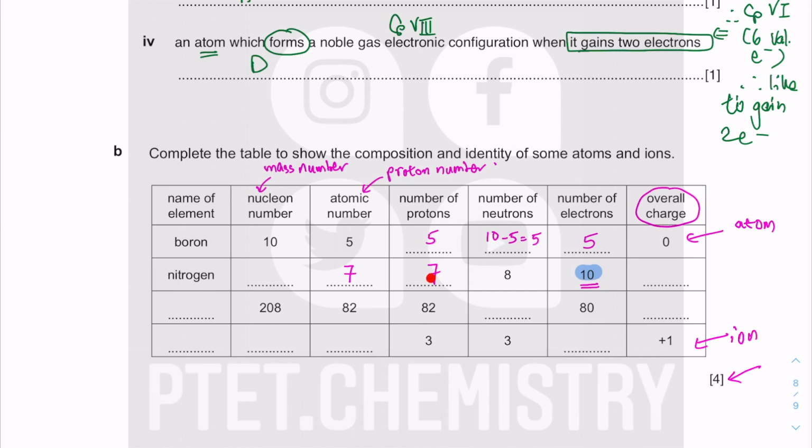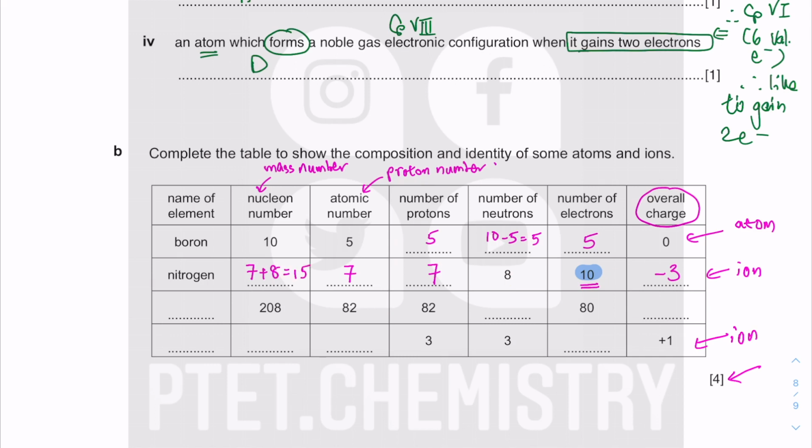I have 7 proton, but I have 10 electrons. That means I have 3 extra electron, okay? So this is an ion, very clearly, because I have more electrons than the number of protons. The nucleon number depends on the protons plus the neutron. 7 plus 8, which is 15.